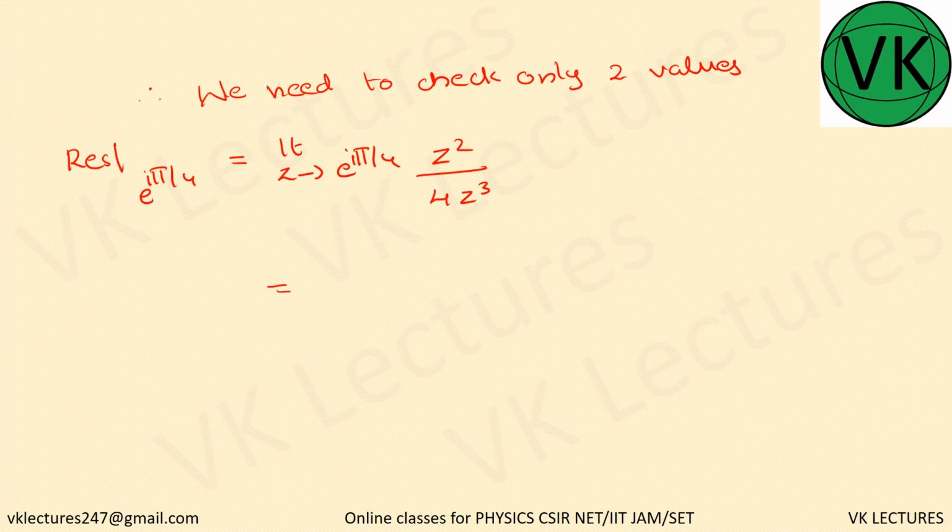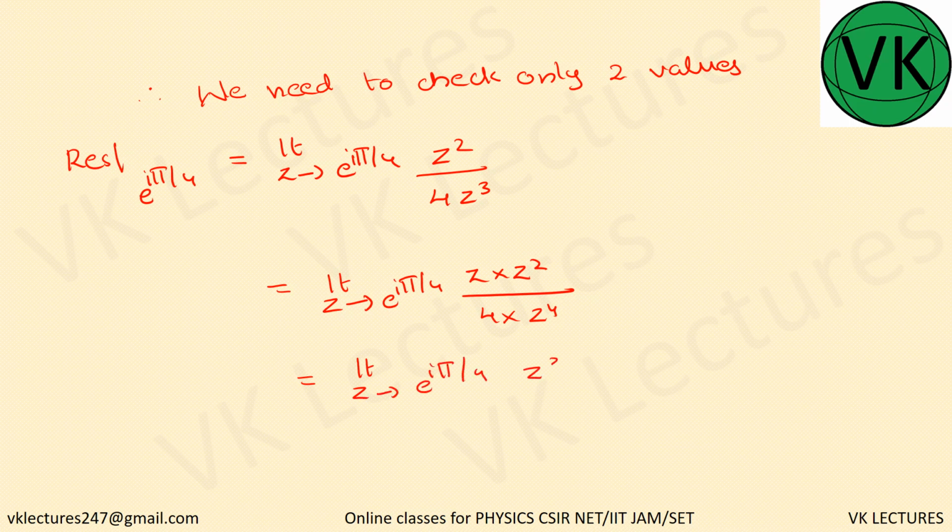Then if we multiply with z on numerator and denominator, we get z into z square divided by 4 into z raised to 4, which is limit z tends to e raised to i pi by 4 of z cube divided by 4 z raised to 4, which is z cube divided by 4 into minus 1, z cube divided by minus 4.